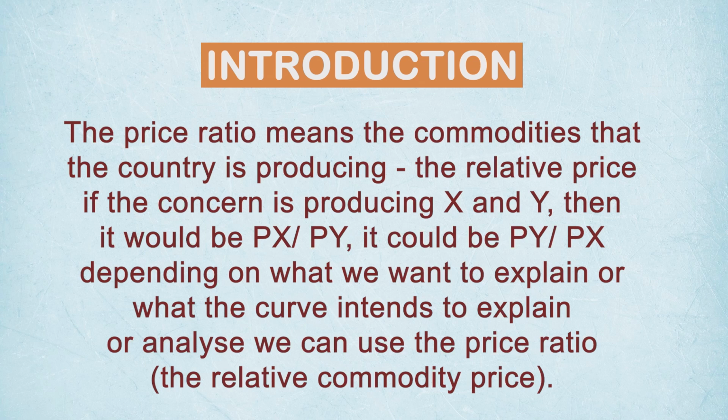Now, the price ratio means the relative price of the commodities that the country is producing. If the country concerned is producing X and Y, then it could be PX by PY, or it could be PY by PX, depending on what we want to explain or what the curve intends to analyze. We can use the price ratio, the relative commodity price.